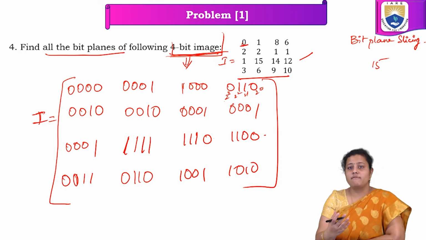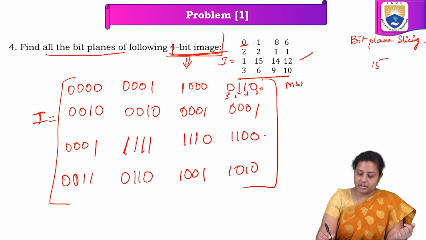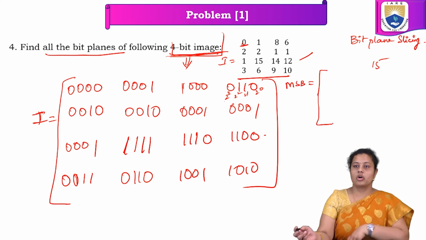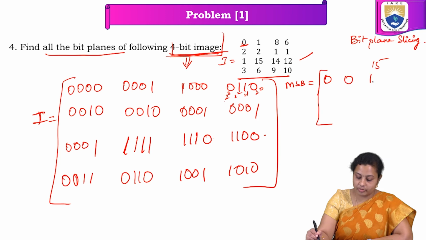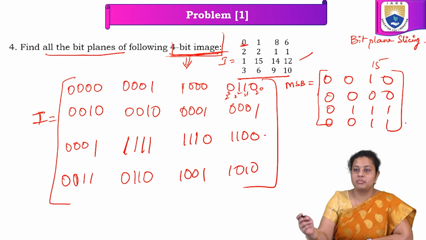Now if we want to find all the bit planes, we will have the MSB bit plane, which has only the MSB values of all the intensity values: 0 0 0 1 0 0 0 0 0 0 1 1 1, then 0 0 1 1. So we have the MSB bit plane.